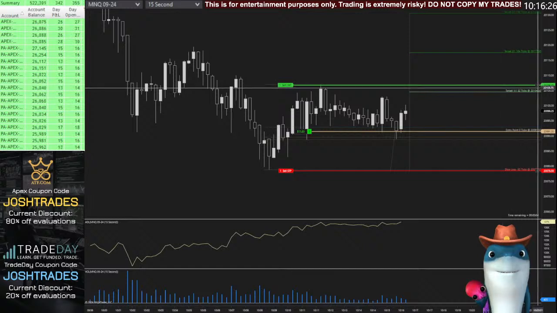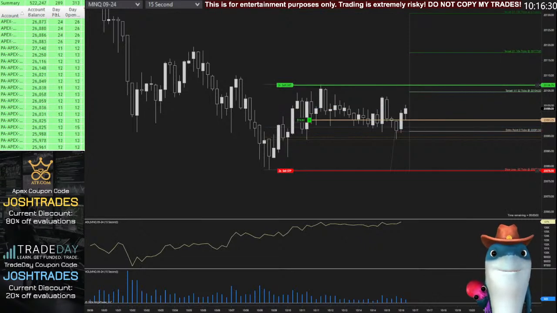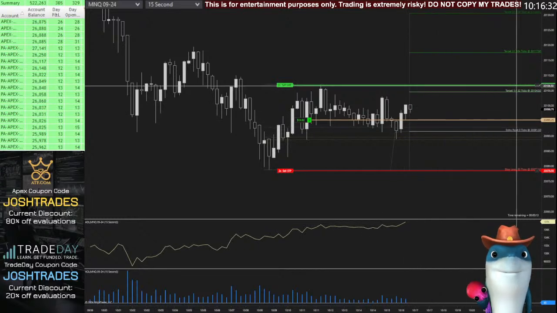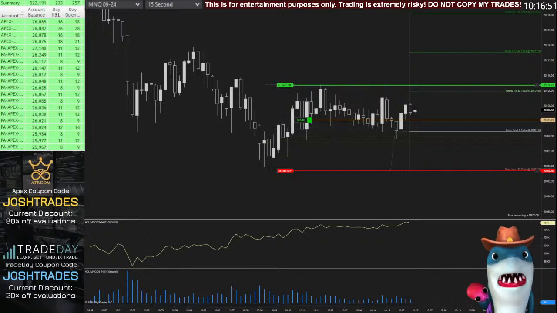So far, it seems to be working. So I'm gonna add one here. As I said, if price is going in my favor, I will add. All right, so just hope price will continue upwards. I'm in 2 micro contracts now.